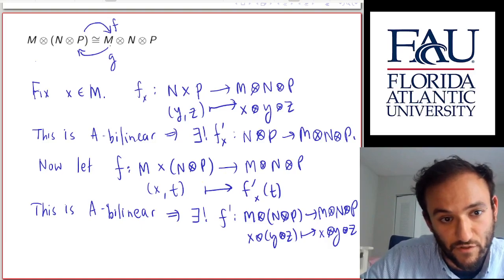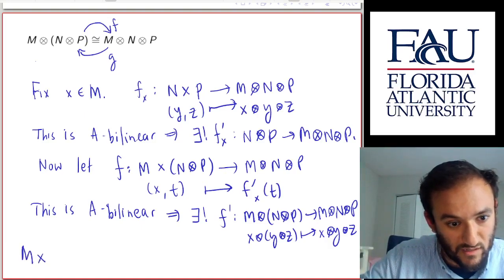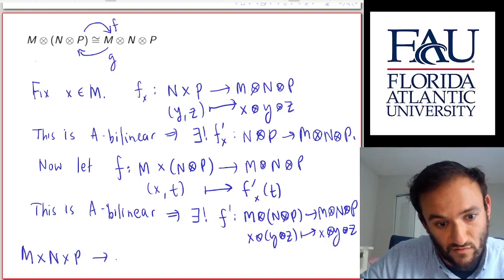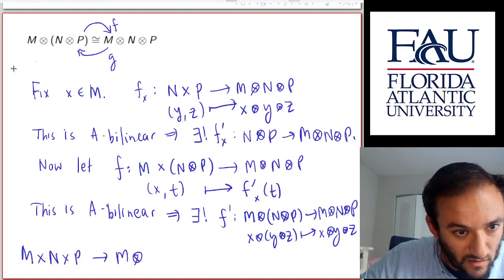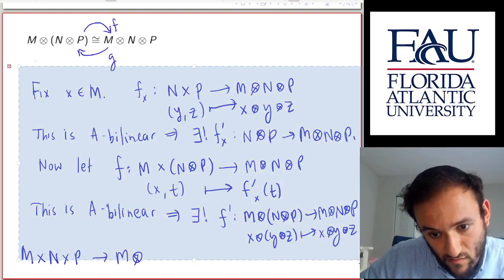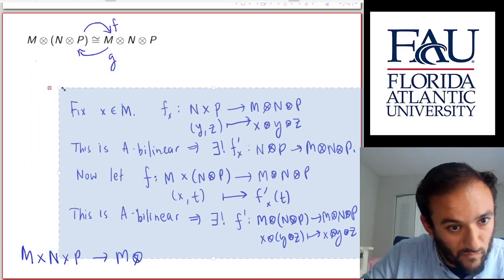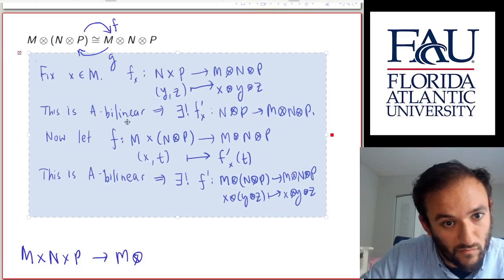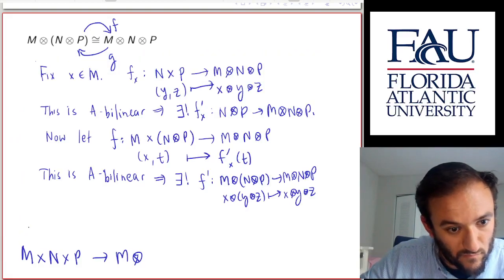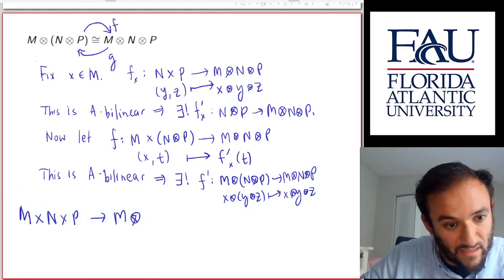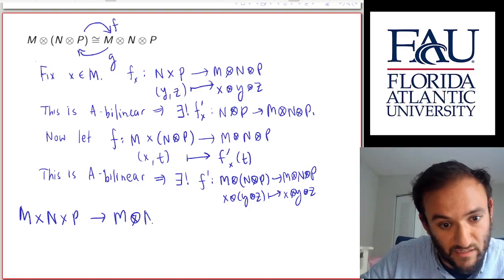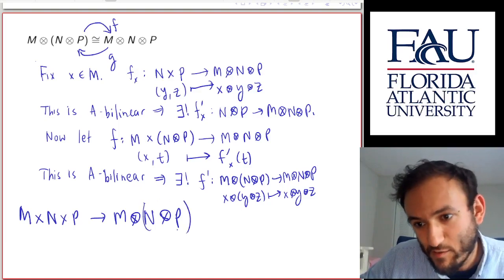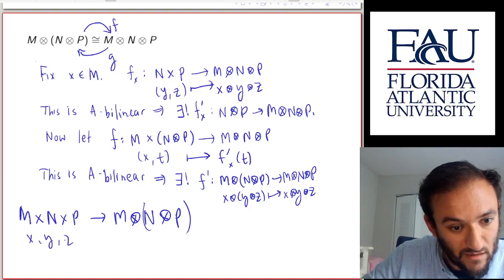Okay, and going in the other direction for G, it's a little easier. So you have m cross n cross p maps to m tensor n tensor p, which sends x, y, z to x tensor y tensor z.